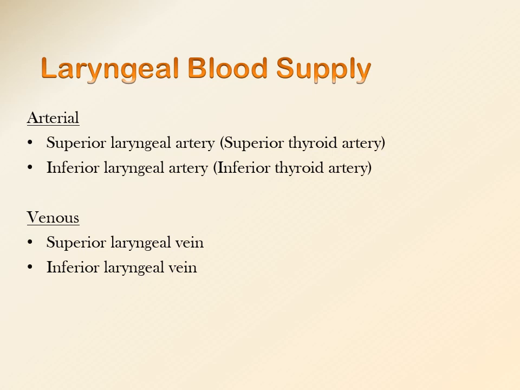Second is the inferior laryngeal artery اللي هو branch من inferior thyroid artery اللي هو منين جاي؟ من thyrocervical trunk from subclavian artery. venous return أيضا عن طريق superior و inferior laryngeal veins. الفرق أنه superior laryngeal vein drain to the internal jugular vein, while inferior laryngeal vein drain directly to the brachiocephalic vein.